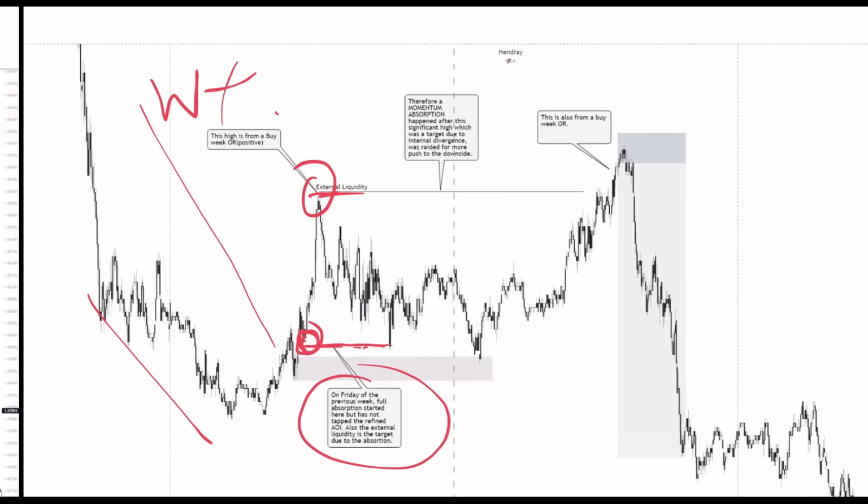Price started absorbing this particular low from that previous week. So when the new week opens, the new week opens as a buy opening range also, W plus. So it was able to complete into the refined area of interest, met the target of the absorption that started here initially from the previous week.